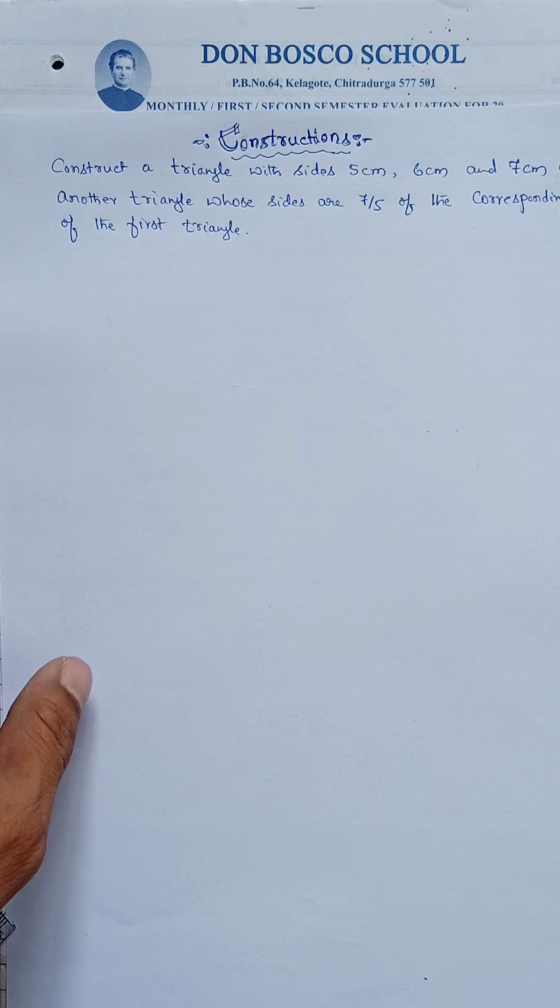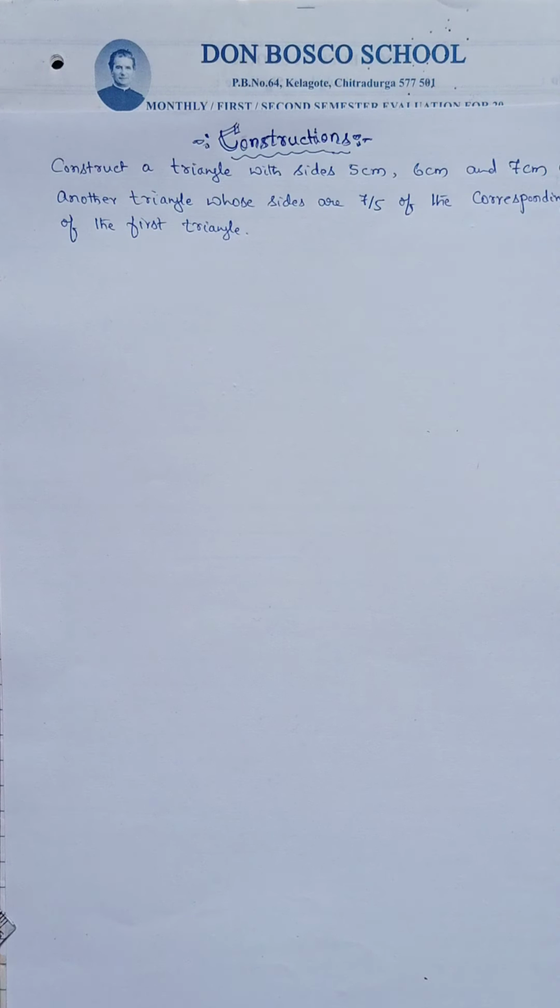Hello students, today let us learn one more construction: how to construct a triangle similar to a given triangle. For that, let us consider one more problem. Construct a triangle with sides of 5 centimeter, 6 centimeter and 7 centimeter, and draw another triangle whose sides are 7 by 5 of the corresponding sides of the first triangle.